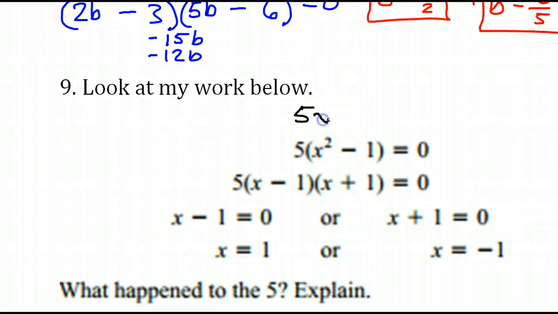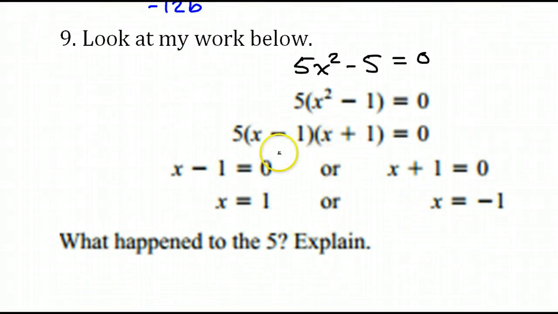The original problem was probably 5x squared minus 5 equals 0. So they pulled out the GCF, okay, and then they took this, x squared minus 1, that's the difference of two squares, so x minus 1, x plus 1. Alright, but then they set x minus 1 equals 0 and x plus 1 equals 0. But what happened to the 5?